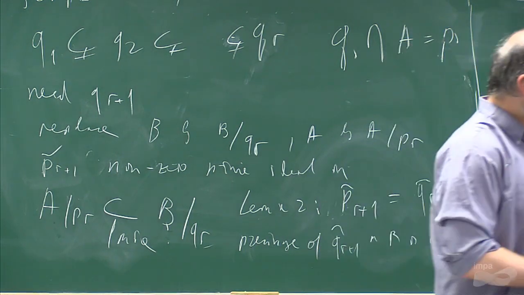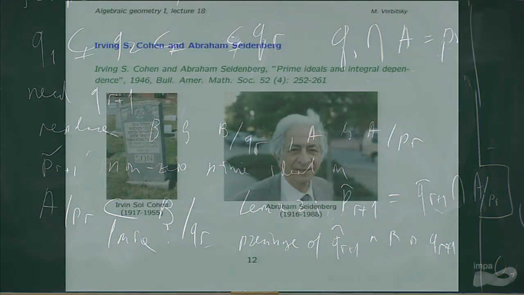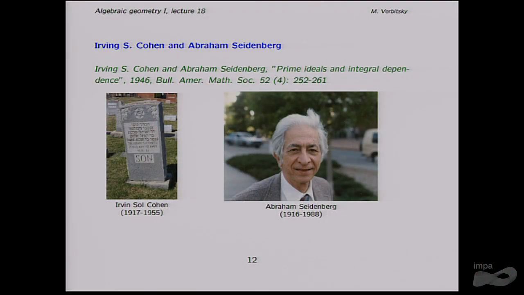Okay, so now these two guys, Cohen and Seidenberg, were both students of Zariski at Johns Hopkins University, in the same year, but they published this paper slightly later, more or less just as they graduated.